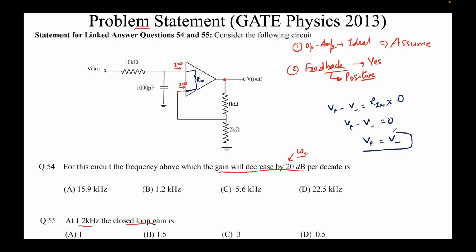Now this is a very important result that we have obtained. This is also referred to as virtual short. What this means is that the inverting and non-inverting terminals are sitting at the same potential. They are at the same potential, hence the term short. Why virtual? Note that there is no actual wire that is shorting these 2 points.